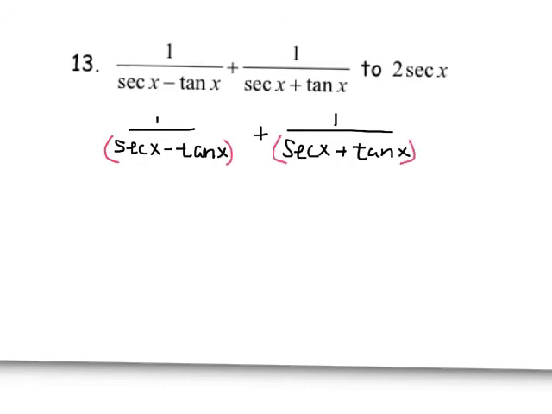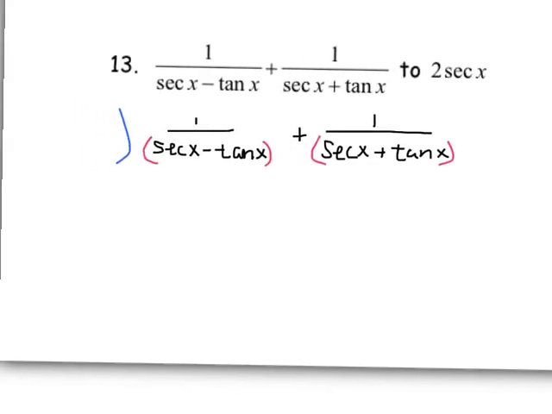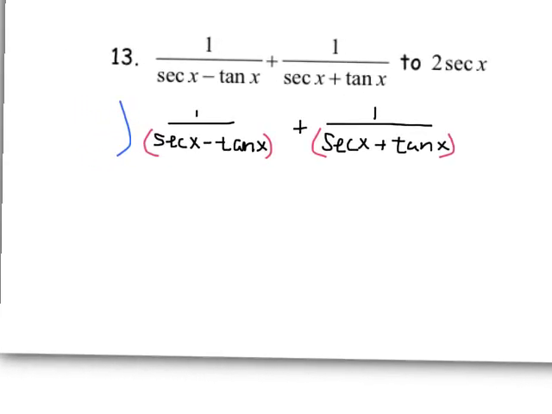And since this is in a denominator, it's like a group that can't be separated. So what we have to do is multiply this group by what we see here to get common denominators, and same thing over here.